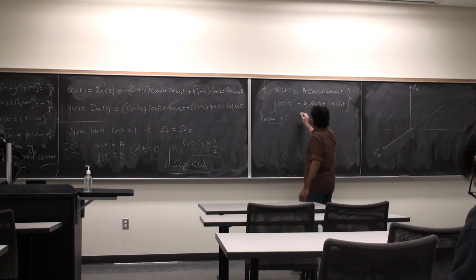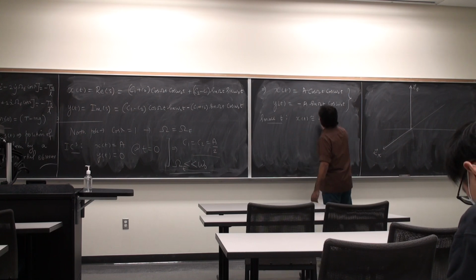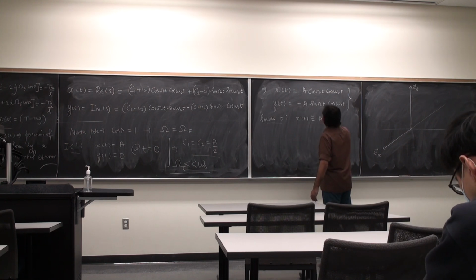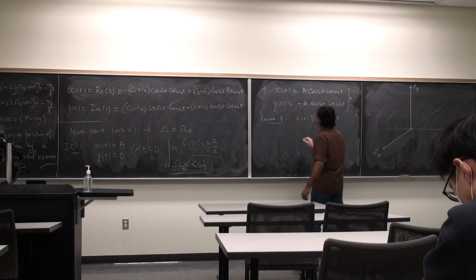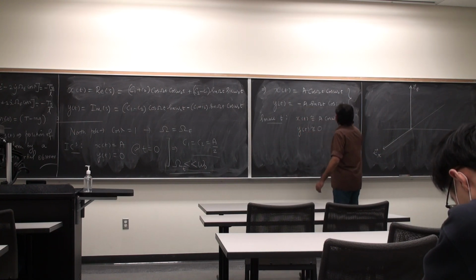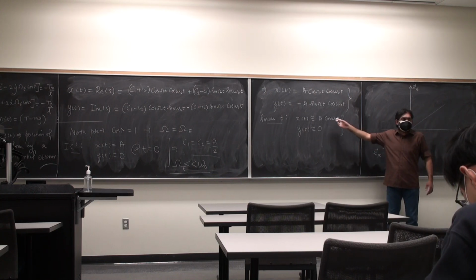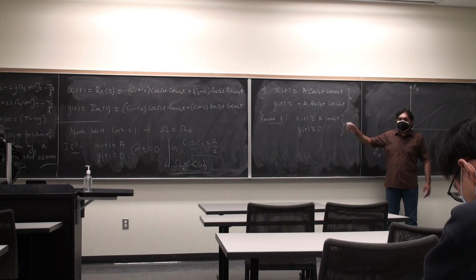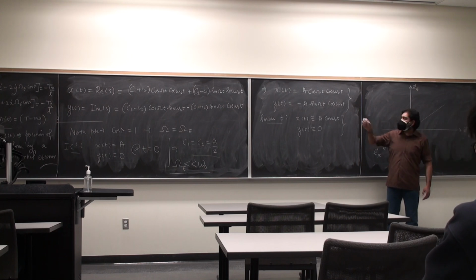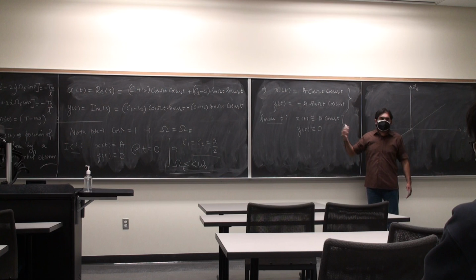So I'm going to have x of t approximately equal to a times cosine omega naught t, and y of t approximately 0. Do you all see my assumption here, and why this comes about? When time is very small, cosine omega t is approximately cosine of 0, which is 1.